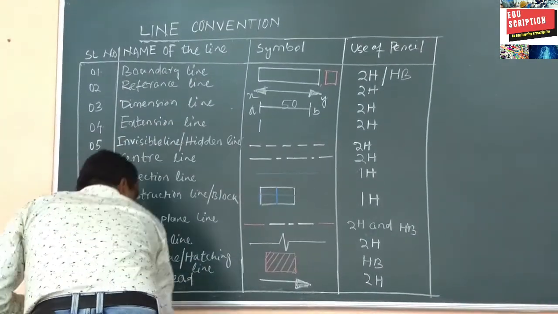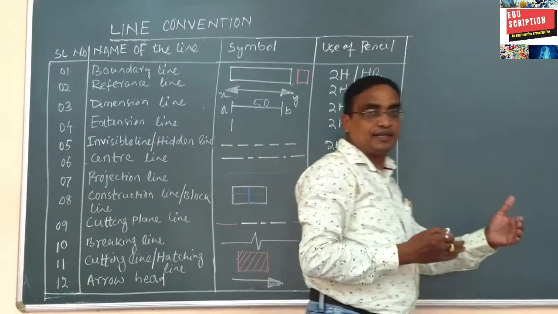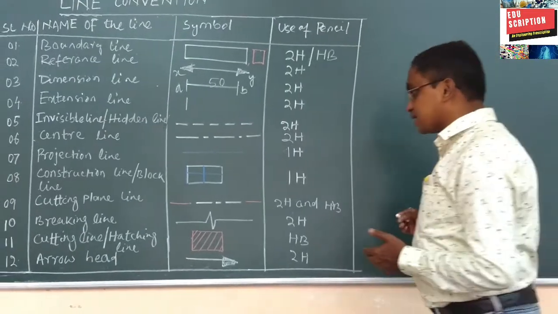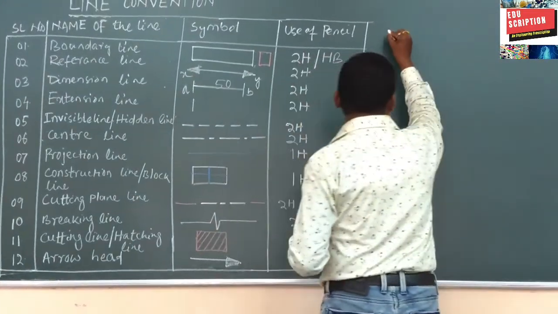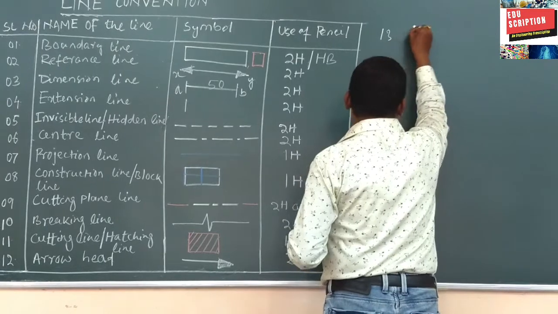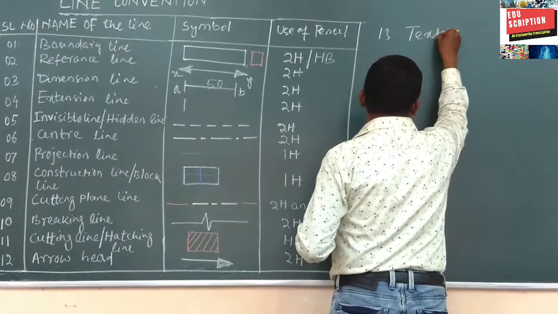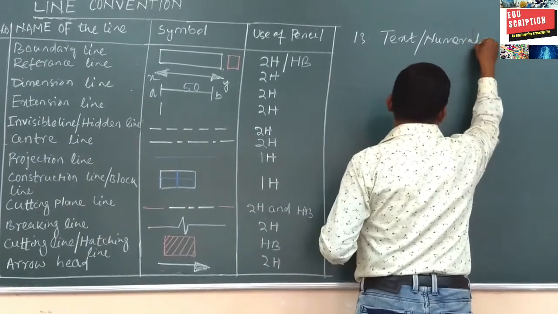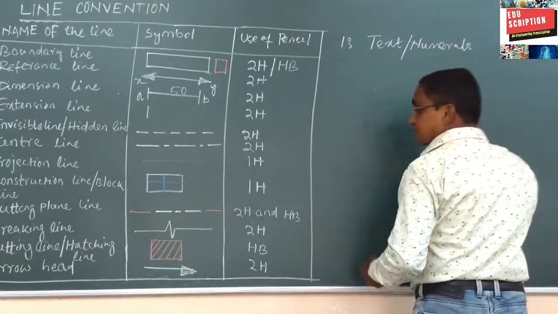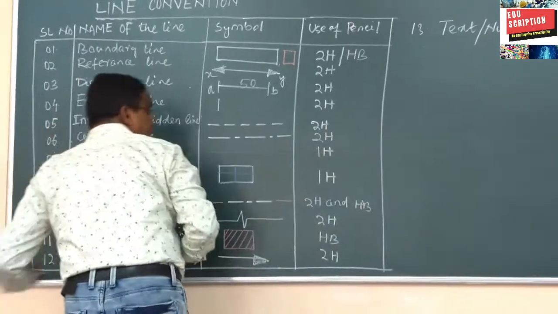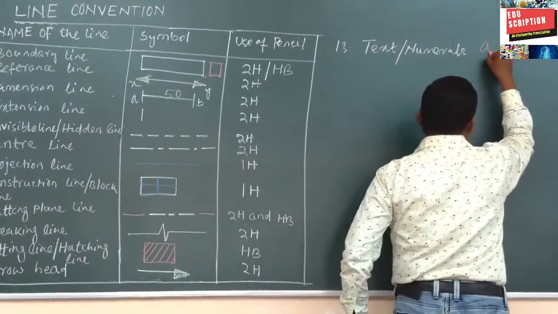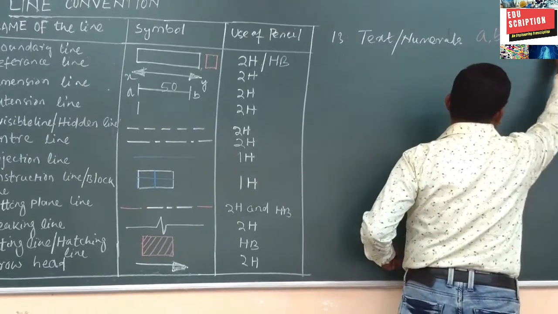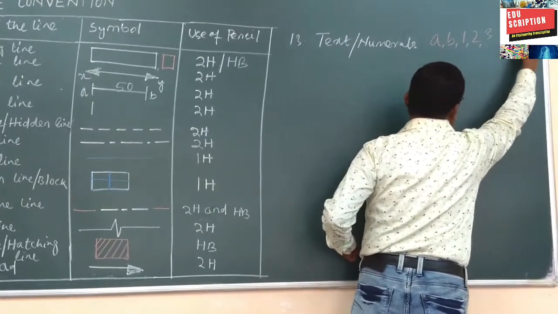Text, say A, B, C, D, numerals 1, 2, 3, 4, use your HB pencil. For text and numerals, say 13, that is A, B, 1, 2, 3, HB pencil.